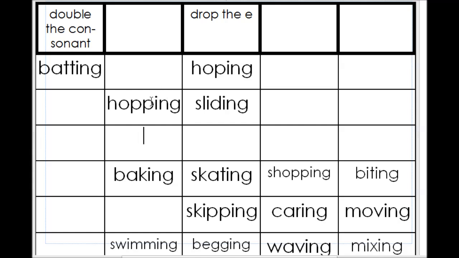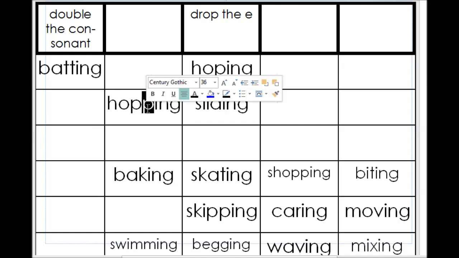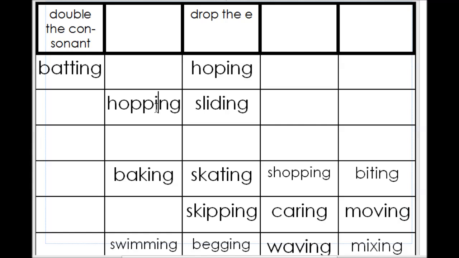We say double the blocker because I showed the kids how in football you've got a blocker in front of the quarterback, or the center in front of the quarterback, and that center's job is to block the opponent from tackling the quarterback. So here we have the quarterback. Here we have the center.